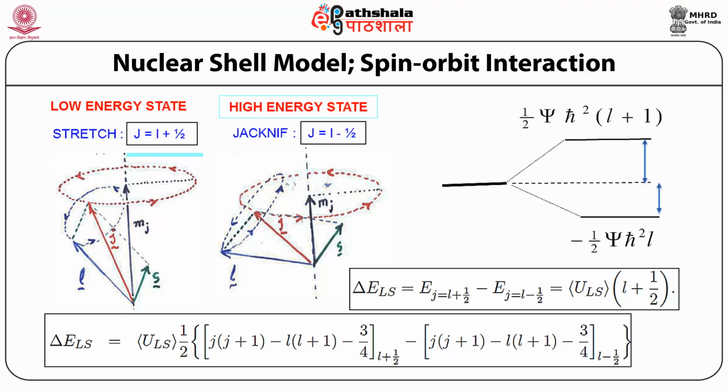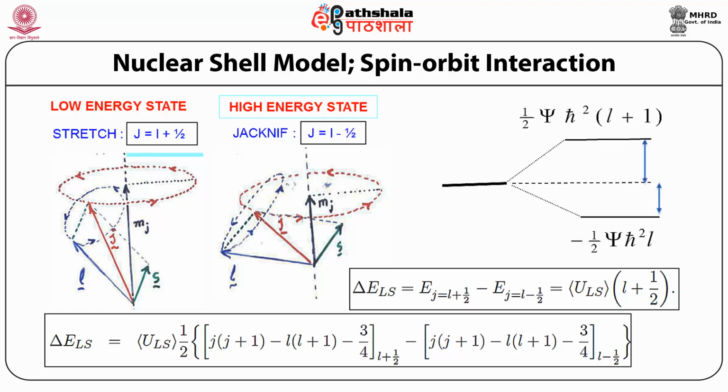In the other case, when L is pointed down and S is up, so L and S are not in the same direction, J again precesses around the magnetic field axis. So it results in a different kind of energy.